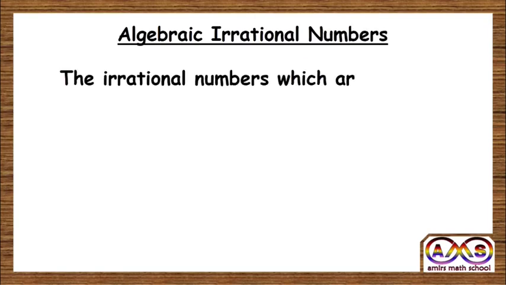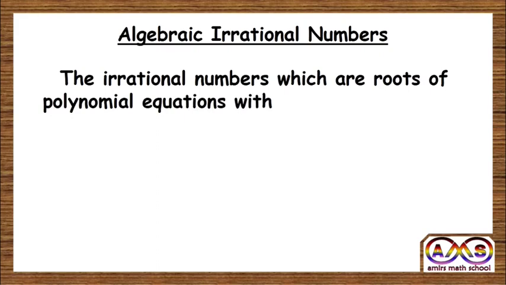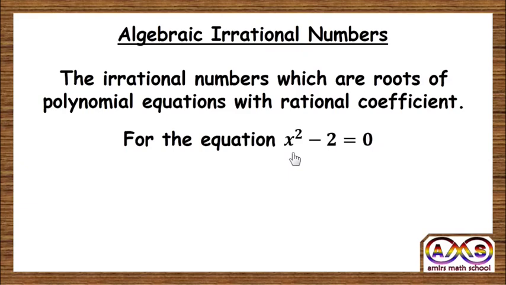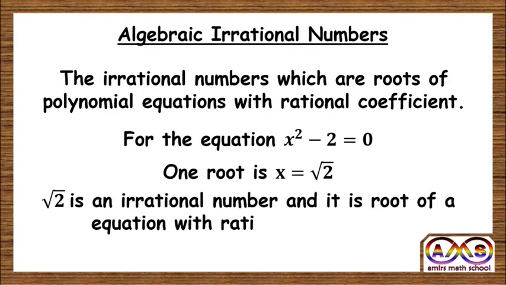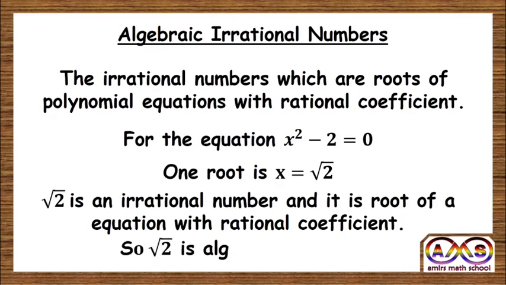The irrational numbers which are a root of a polynomial equation with rational coefficients. For the equation x squared minus 2 equals 0, the coefficients here are rational. One of the roots of this equation is x equals square root of 2. So we can get this square root of 2 from a polynomial equation with rational coefficients. So square root of 2 is an algebraic irrational.